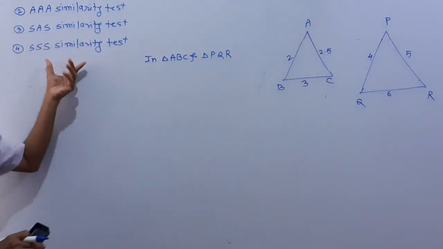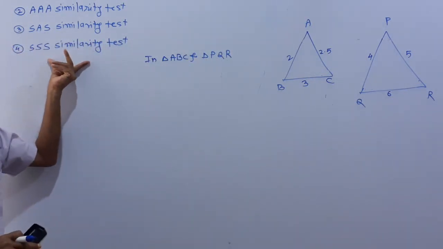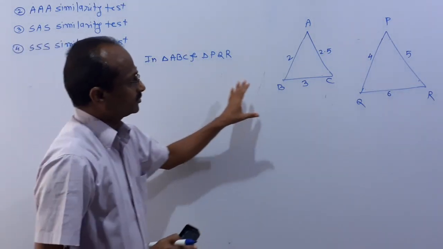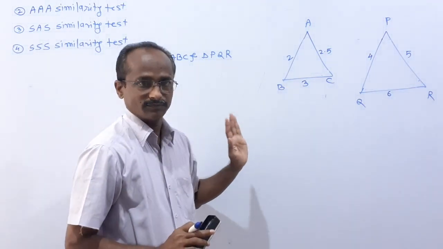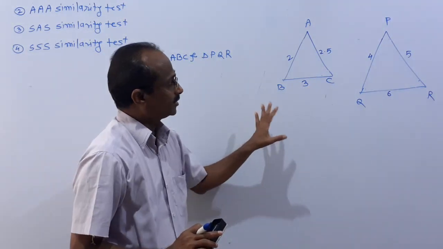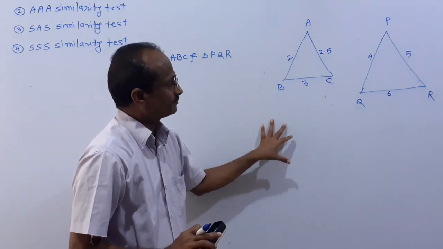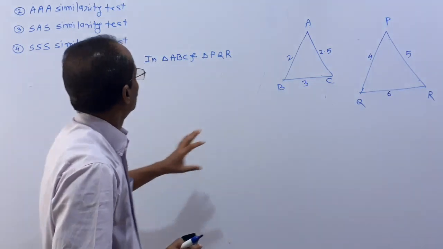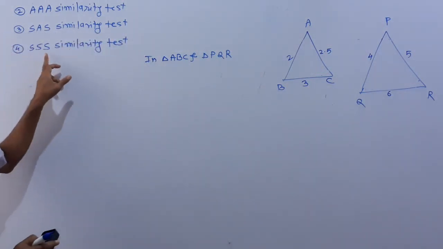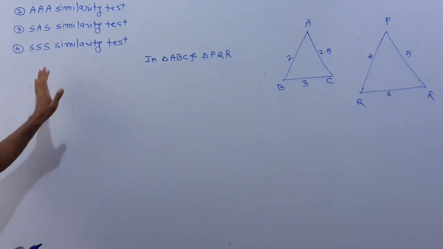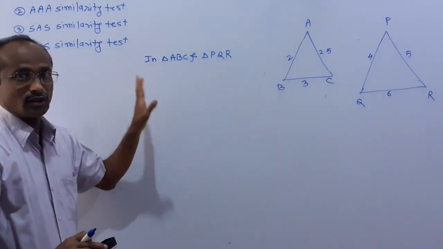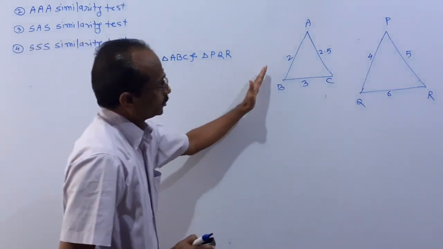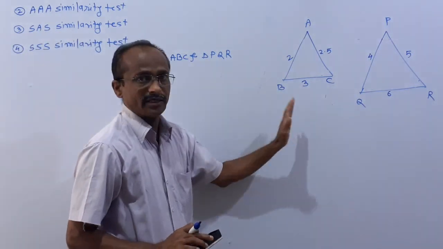Now for this test, the information is given about the sides of the triangle only. Means we are given information about the sides of the triangle only, then we can use this test, the SSS similarity test, by testing the ratio of sides, because we know that the ratio of corresponding sides are in proportion.